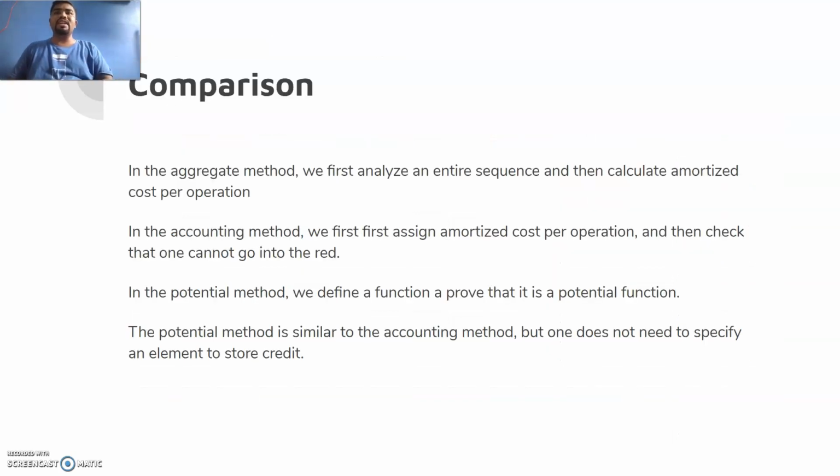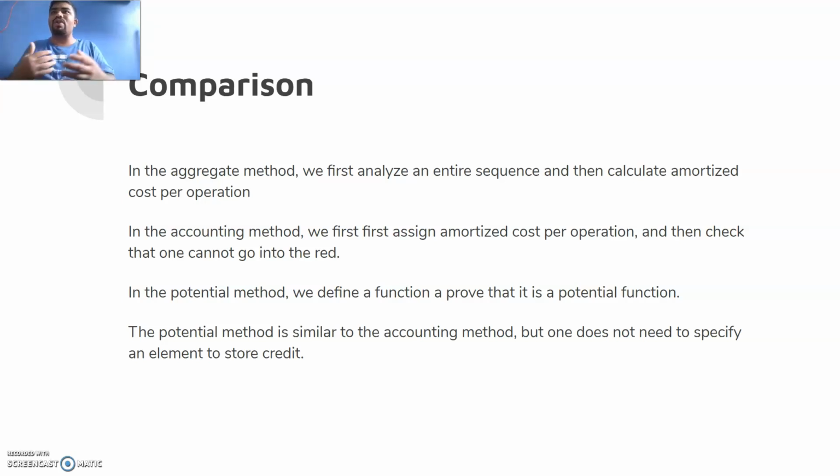Now let's understand the comparison. So we can say that in the aggregate method, we first analyze the entire sequence, and after getting the complexity for the entire sequence, we calculate the amortized cost by cost per operation. Similarly, in the accounting method, we first assign the amortized cost per operation, then check that it shouldn't go below zero, right?